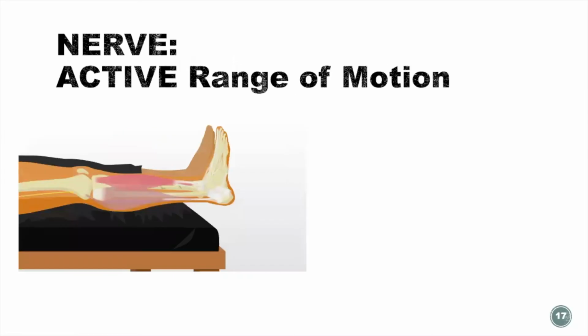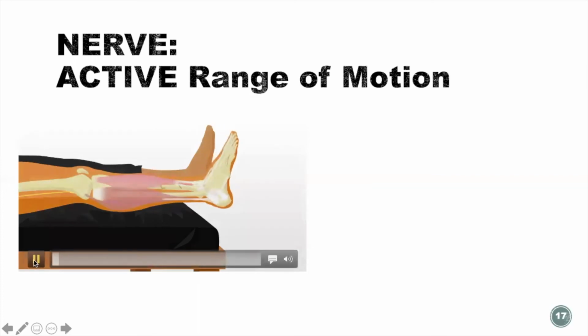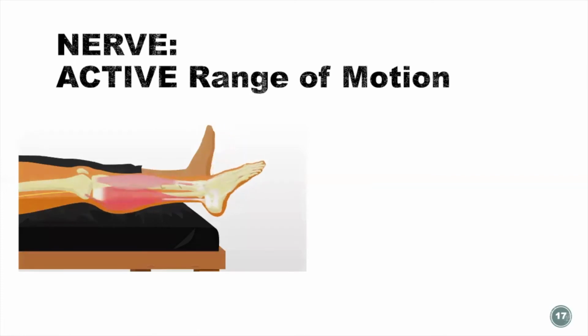Now let's take a look at our nerves. We're going to start off with active range of motion, in which we are asking the person. And in this case, we've moved to a different body part. We're actually down on the ankle right now, and we're going to do dorsiflexion and plantar flexion. And take a look here. So when we're looking at nerves, we're still going to be looking at the concentric contractions.